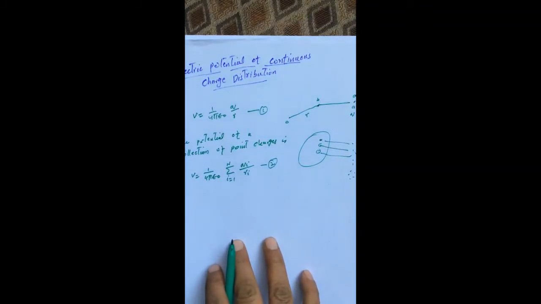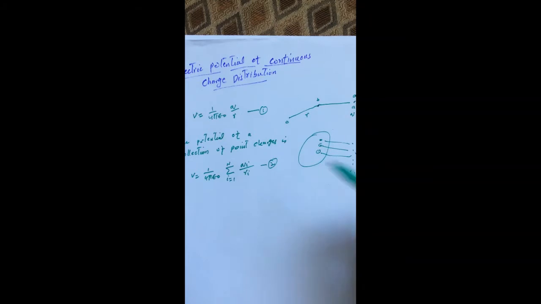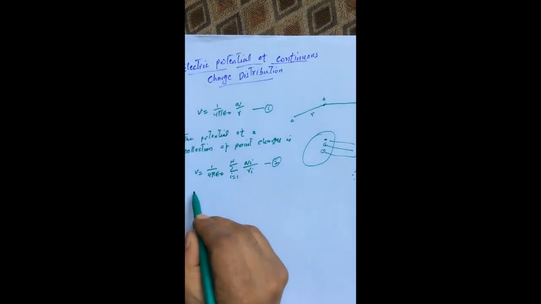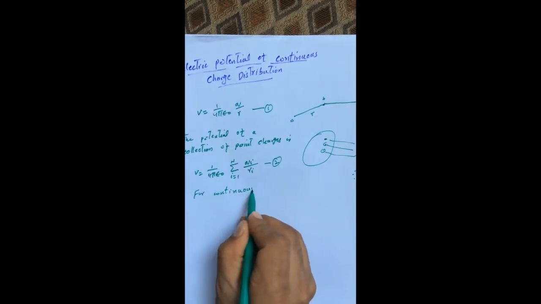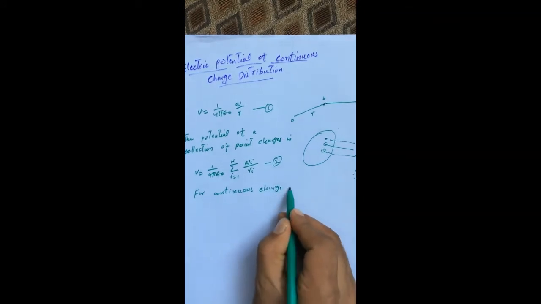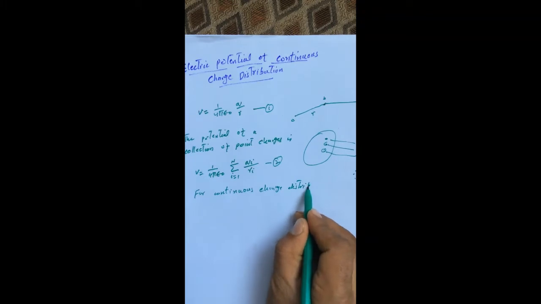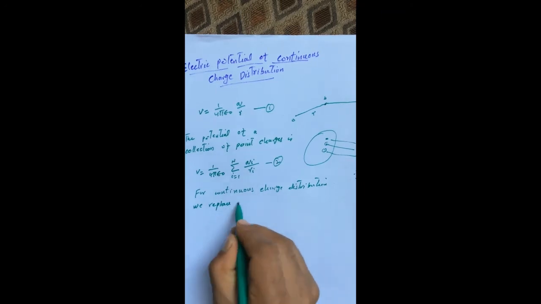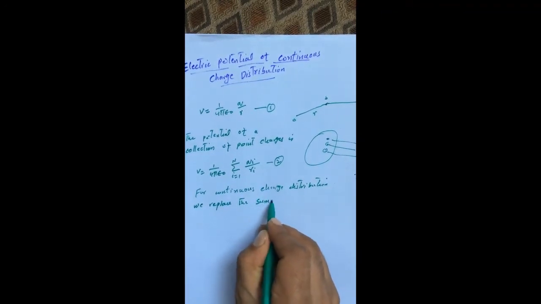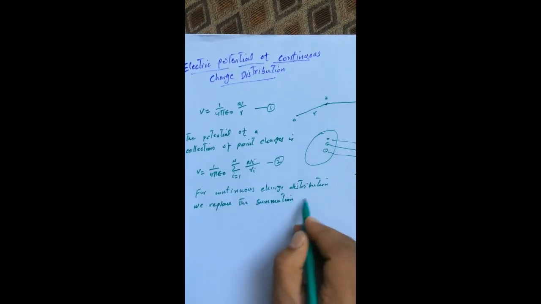Now here the charges are countable. Like we have n charges, like 1000, 2000, 500 or 200 charges. But if the number is uncountable, like we have a continuous charge distribution, then for continuous charge distribution we replace the summation by an integral.